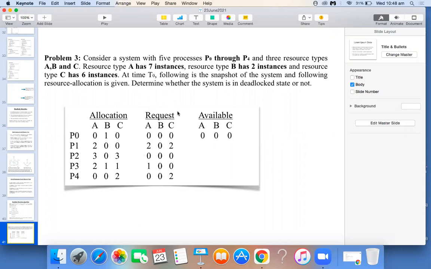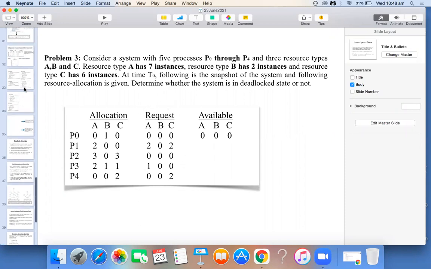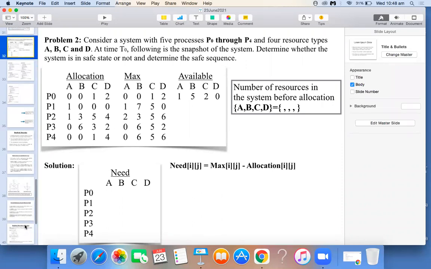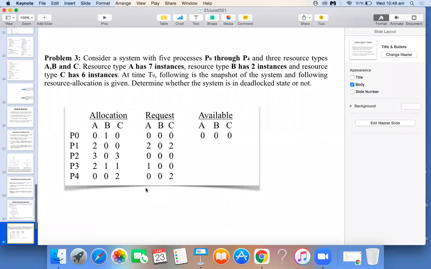Which column were we supposed to have here? We used to have a max column, correct? Hope you remembered this. Already forgot? We used to have a max column here, but there is no max column because which algorithm are we checking? We are checking deadlock detection.